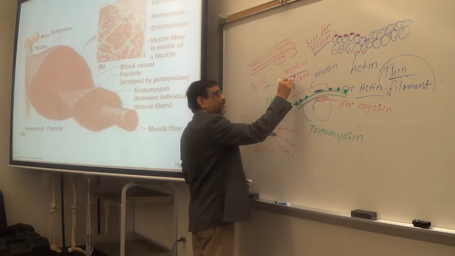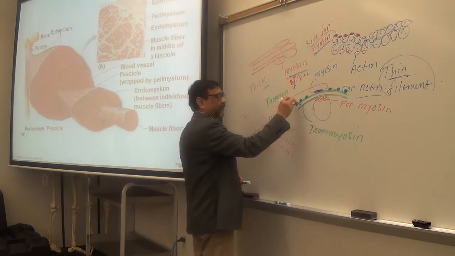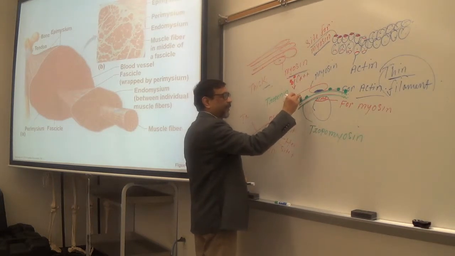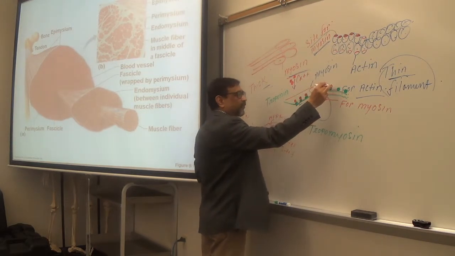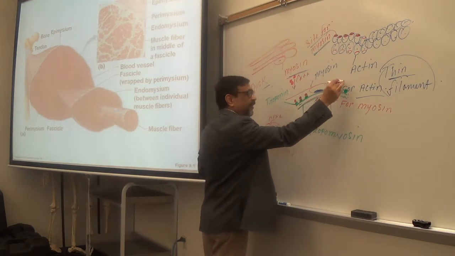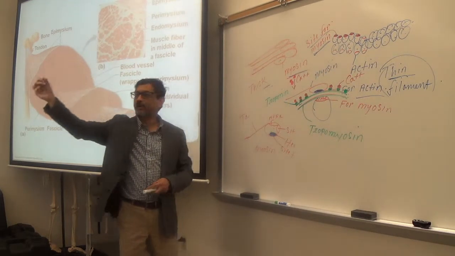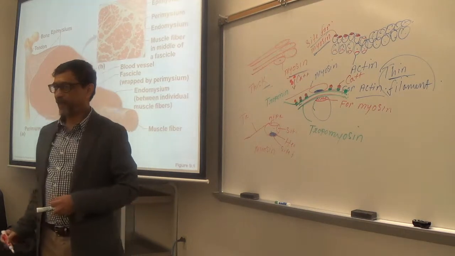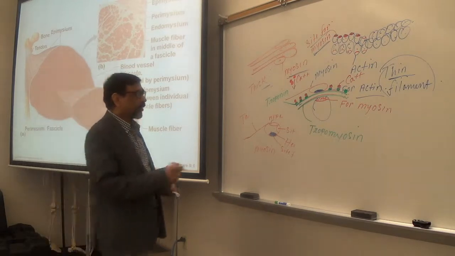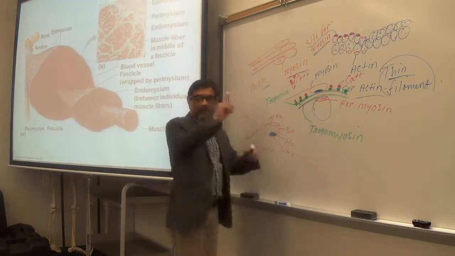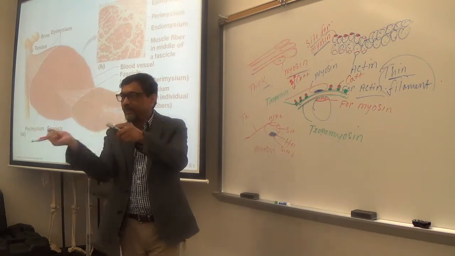So calcium is released, and those calcium molecules will come here and will bind with the troponins. So calcium binds with troponin. Okay? And when that happens, all these troponins are displaced, moved to the side, like this.